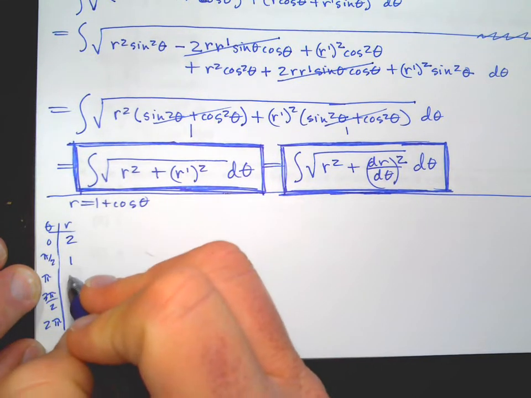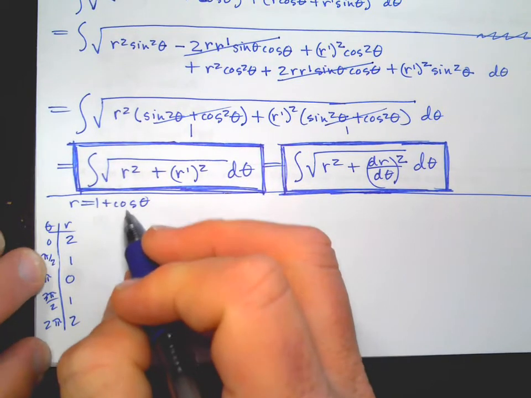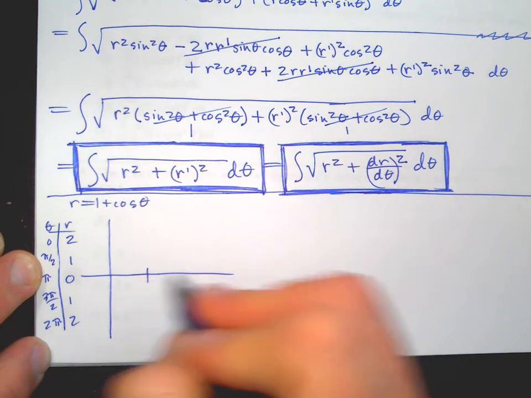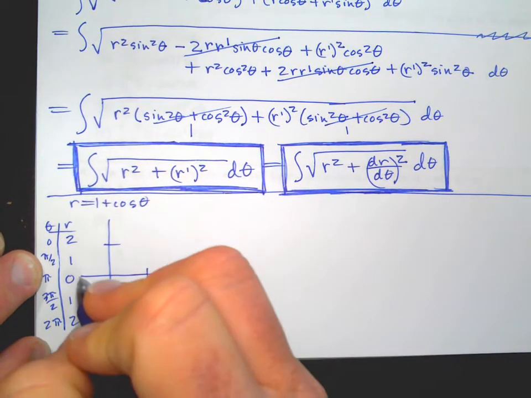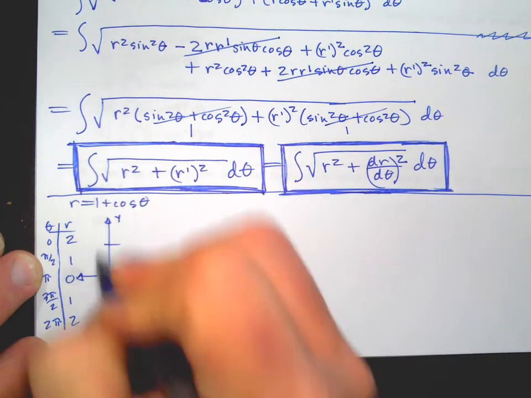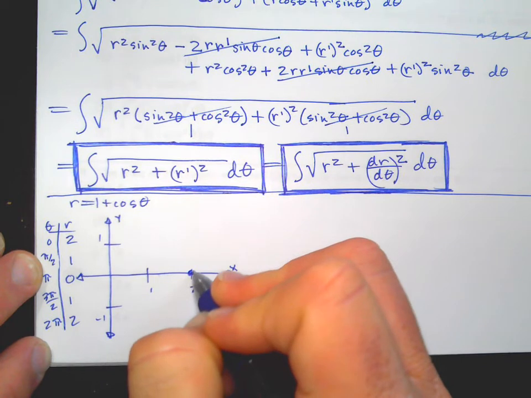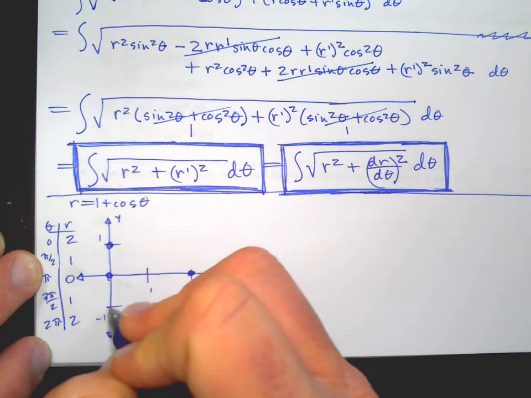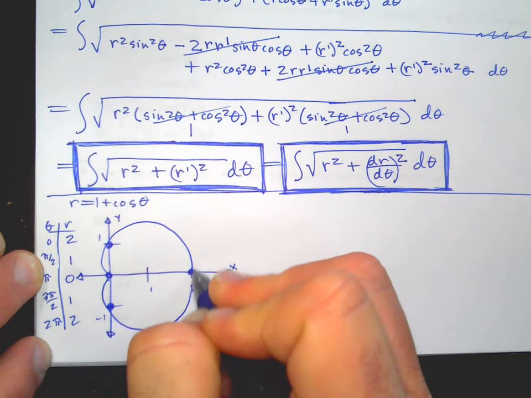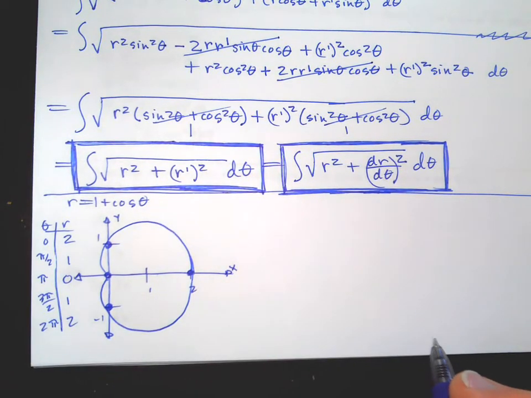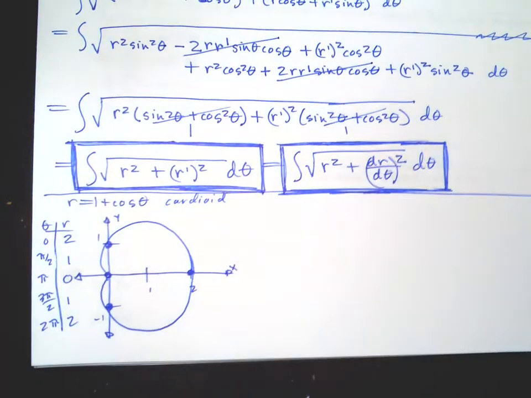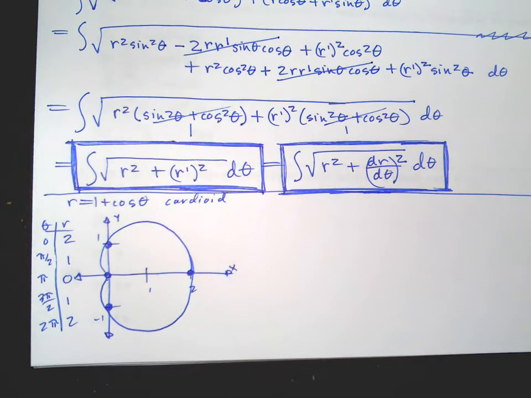We're pretty good at these anyways, right? Okay, there's your cardioid. So if we wanted to find the length around this cardioid, it seems like it'd be some kind of weird number.